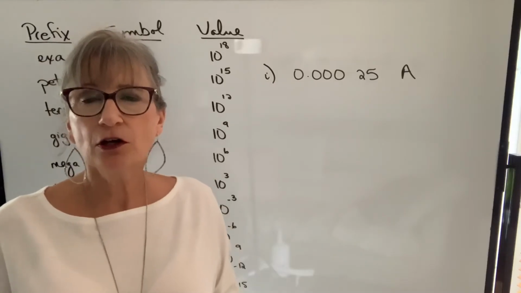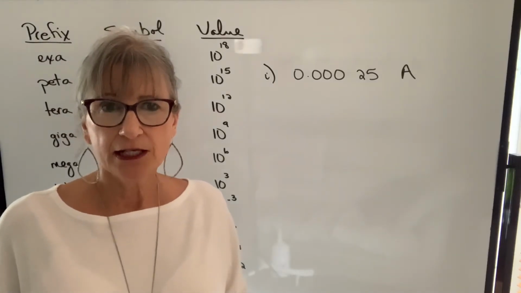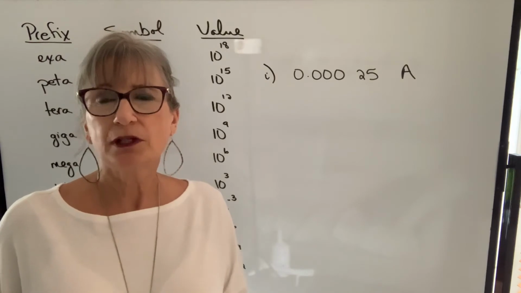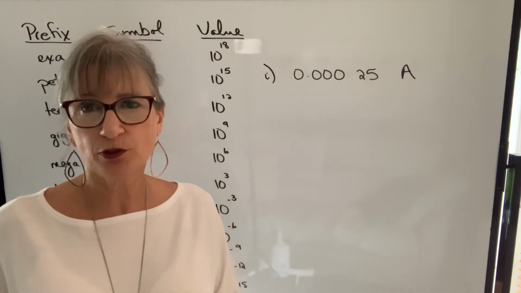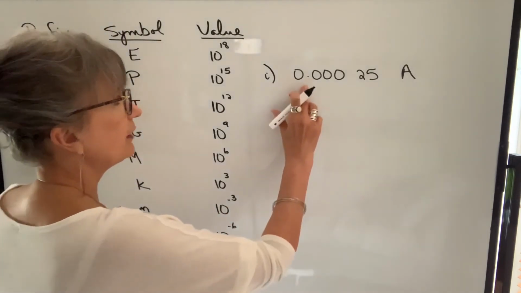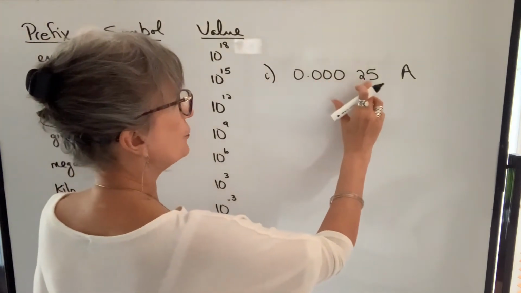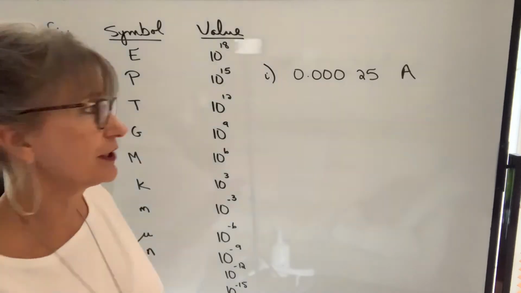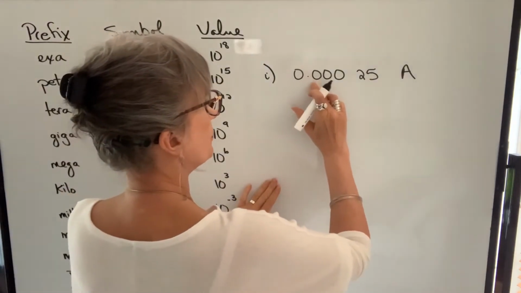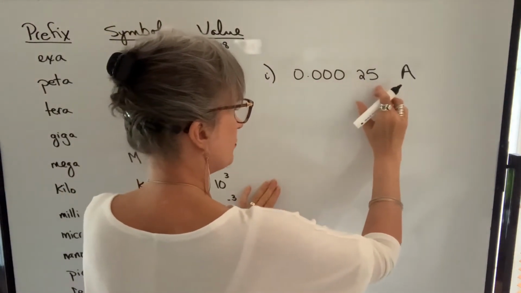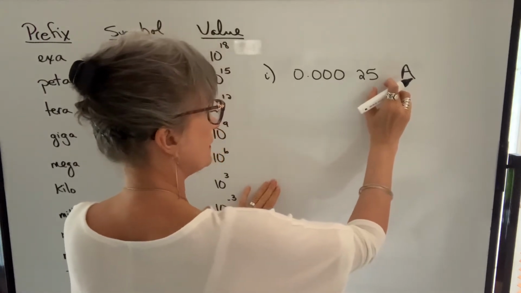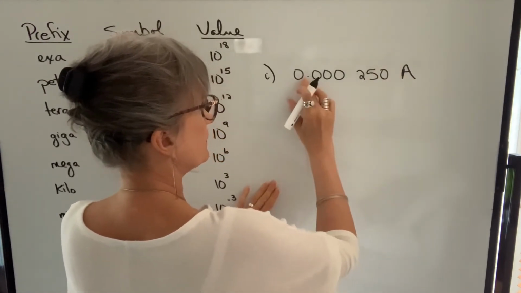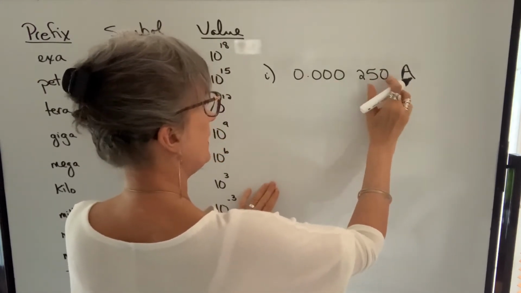If we have really large or really small measurements, it often makes more sense to express them with the appropriate metric prefix. So for example, if we had 0.00025 amperes, what we can do is write this in engineering notation. So we're going to move the decimal point 3 places at a time until we get a number between 1 and 1,000. I'm going to put a 0 there so I can move 3 places at a time.